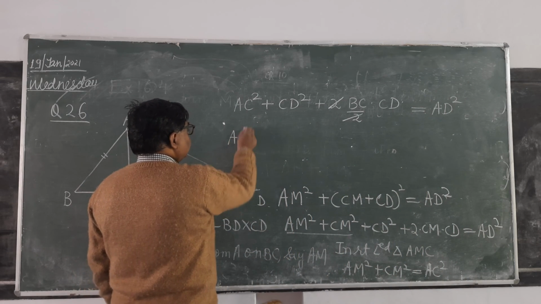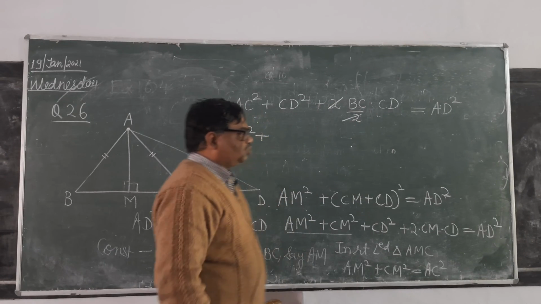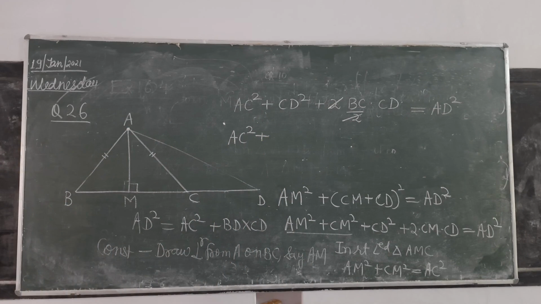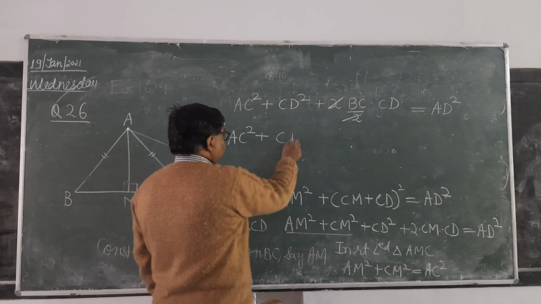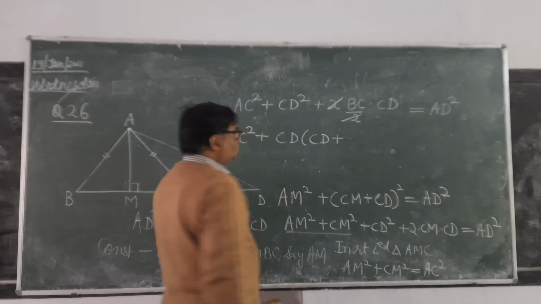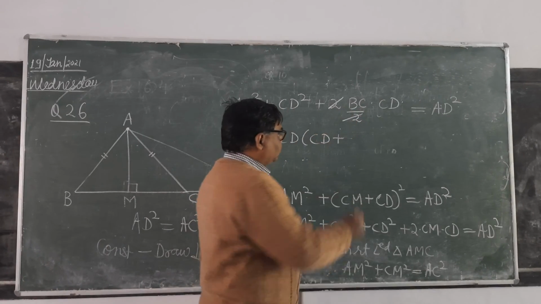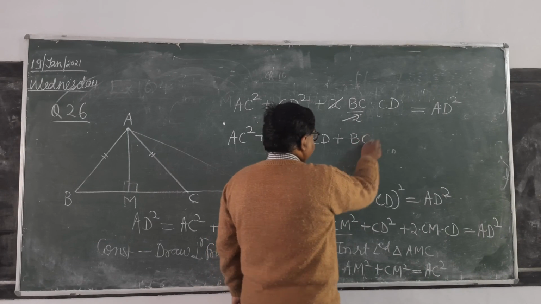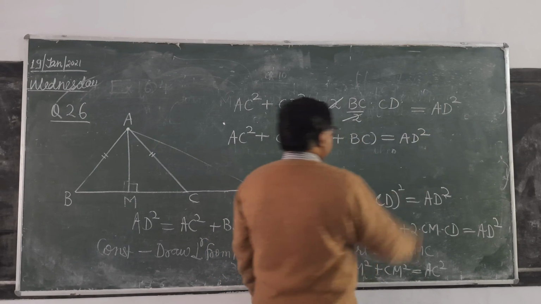So see here, AC square. Now what is common from these two, CD square and BC into CD? What is common? CD is common. When you will take out CD common, what will be left? CD plus, here CD will be left, and here BC will be left, equals to AD square.